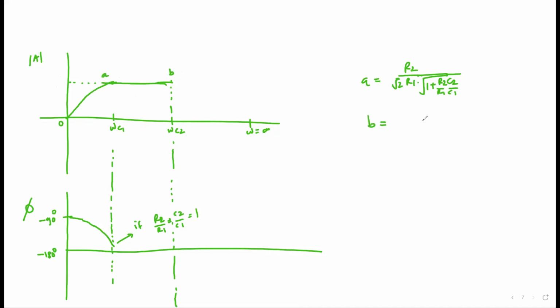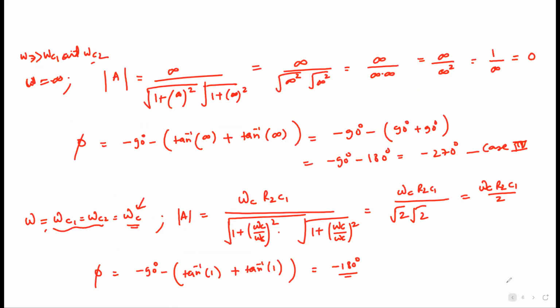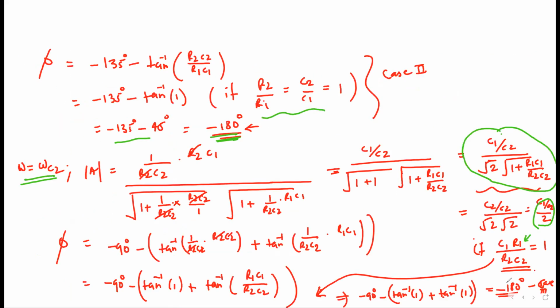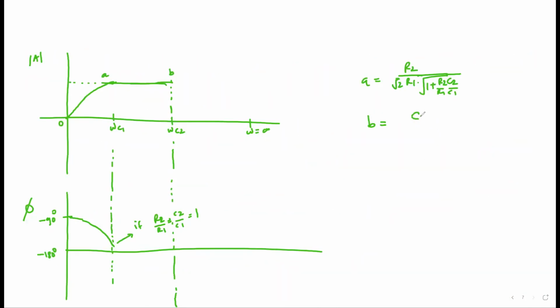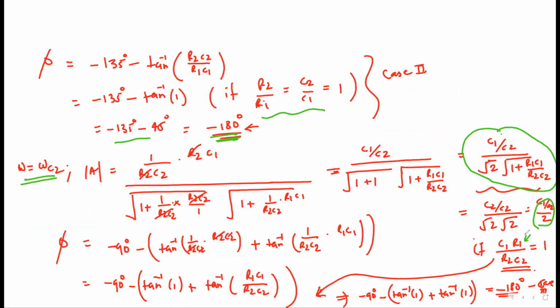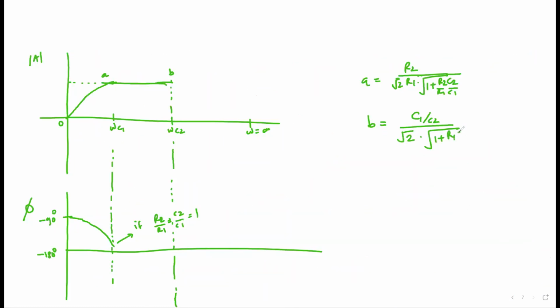And let's see what the value of B is. C1 over C2 divided by root 2 into square root of 1 plus R1 C1 divided by R2 C2. So we see that this is how it takes the value, right?